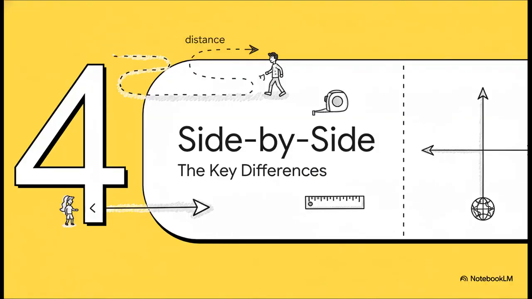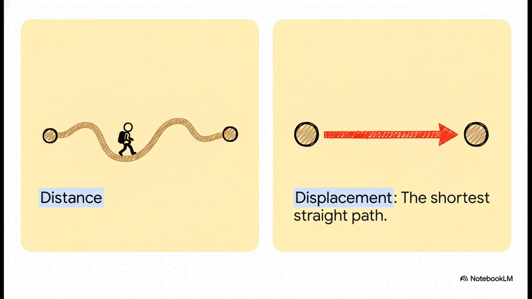So we've got 10 meters for distance and 0 meters for displacement. Now let's put these two ideas head to head to make sure the differences really stick. If you're going to remember one thing, make it this. Distance is the total path traveled, all the twists and turns. Displacement is just the shortest straight path from A to B. Let's break that down just a little bit more.